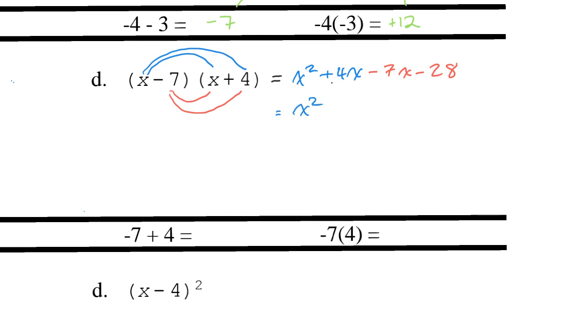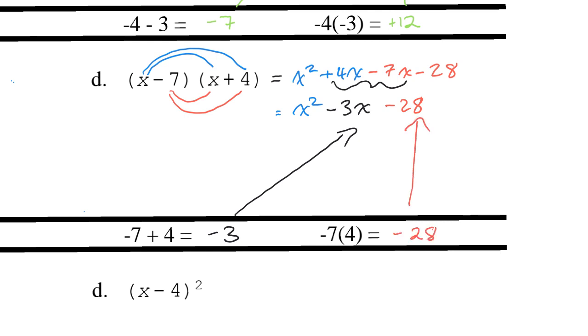X squared, we're going to add the middle term to get minus 3x, because plus 4 minus 7 gives us minus 3. And then we end with minus 28. And you'll notice that negative 7 plus 4 gives us minus 3. And negative 7 times 4 is negative 28, which is that.